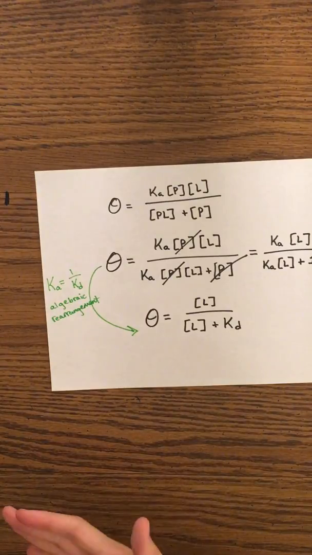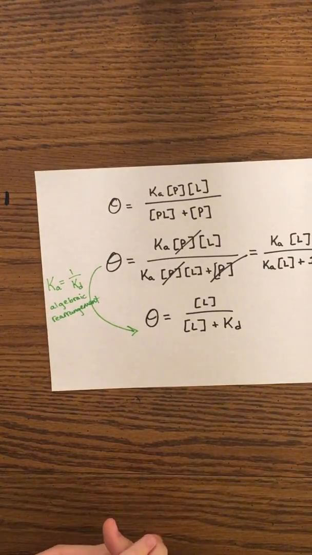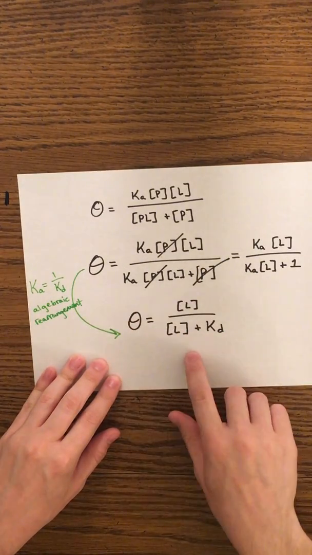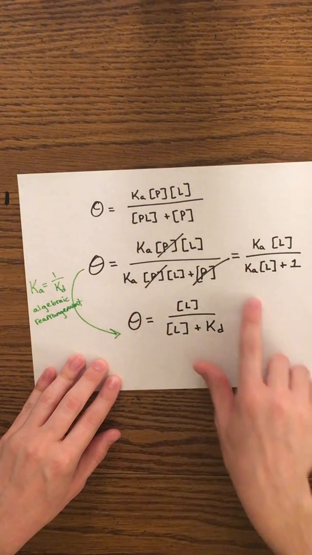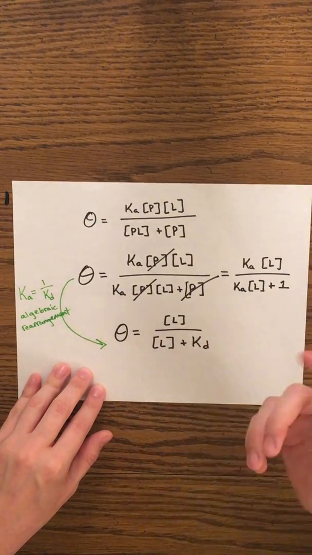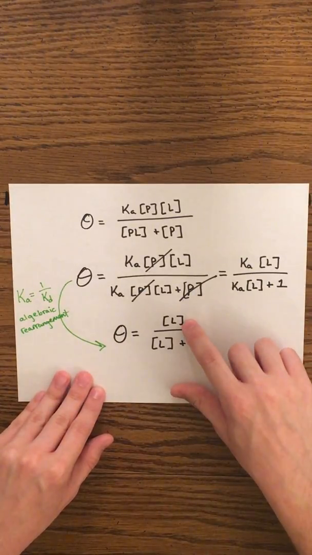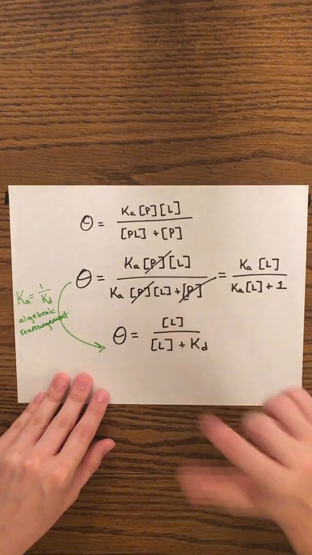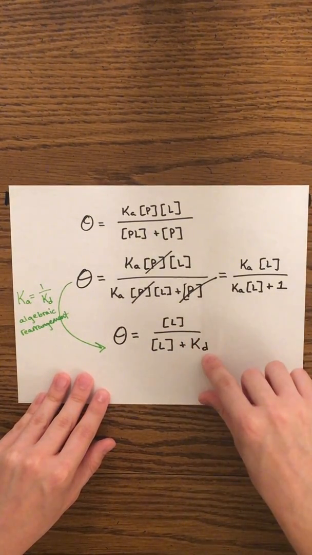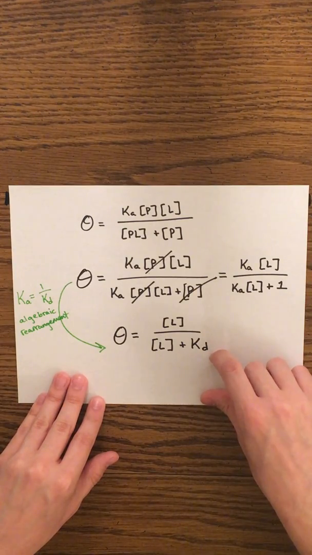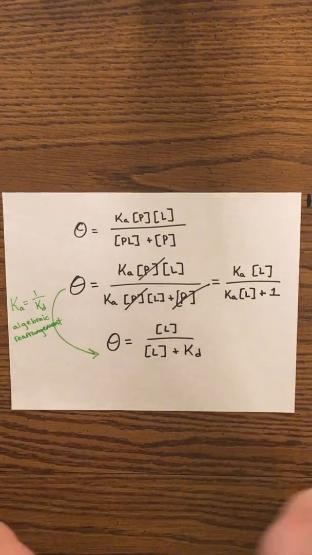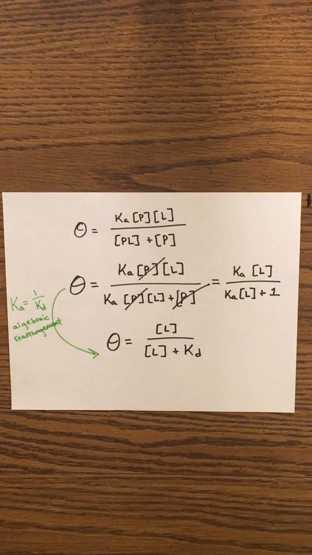Now we have a really useful way of talking about what our fraction of bound proteins is, right? Because look, we can pretty easily control how much ligand we have, and we can experimentally determine KD for various protein-ligand situations. Okay.